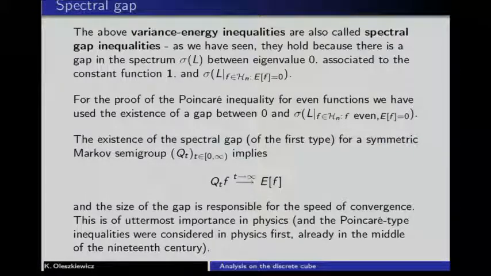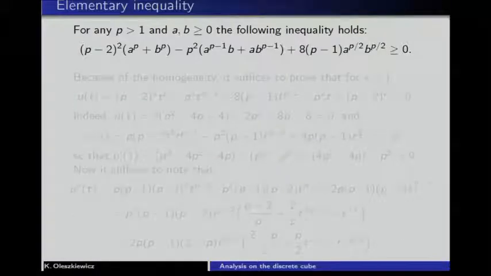So for example, when you have this problem with temperature and you want to estimate how fast the temperature will go to 0 when it spreads on the real line, or in some other situations, then this sort of inequality, Poincare inequality, will make it possible to prove the exponential convergence, and the speed of this convergence will be measured by the size of the spectral gap. This is a quite common physical situation. But I won't go into the details, just to show you where it comes from.